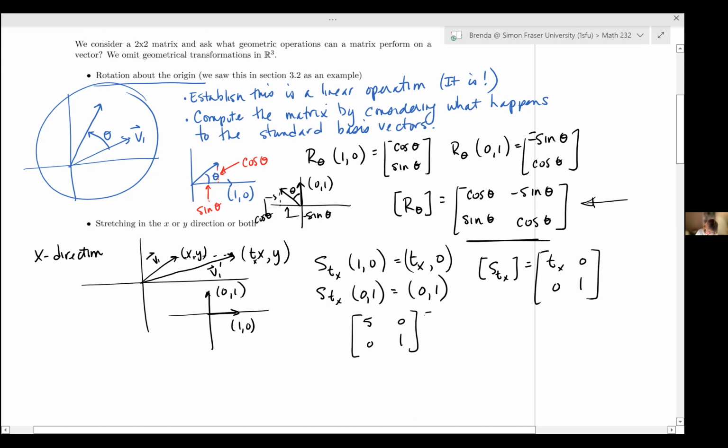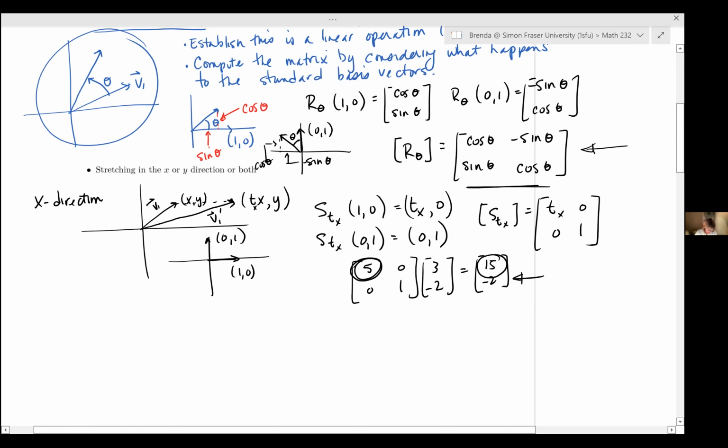So let's take some vector (3, -2) and perform this multiplication. We see that we get the vector (15, -2). The X component was stretched by 5 and the Y component was left alone. Stretching in the X direction.